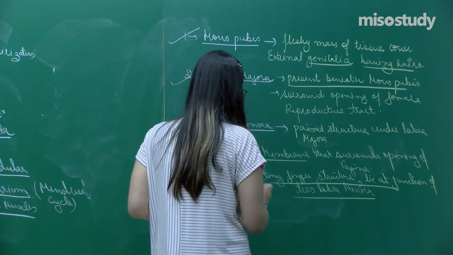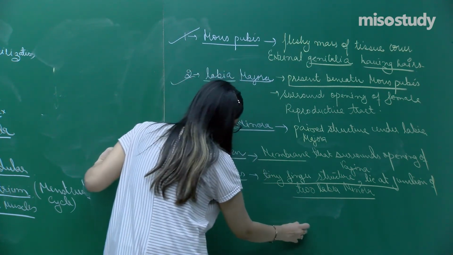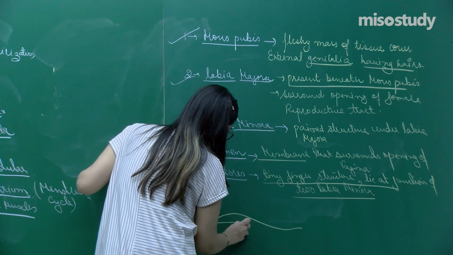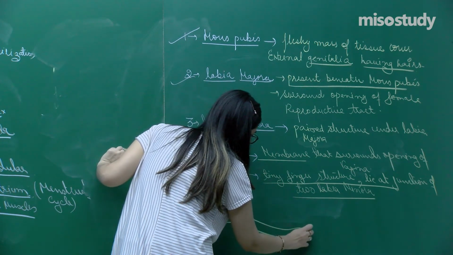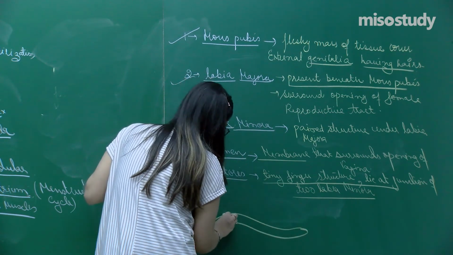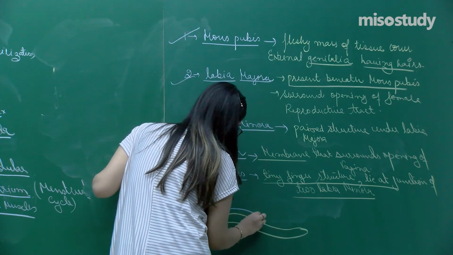Now let's talk about how the overall structure looks. Let's see. This is a structure. After that, one more region is present like this.